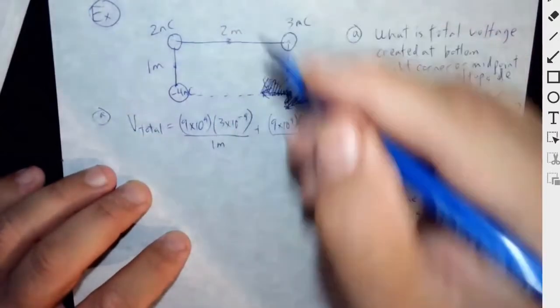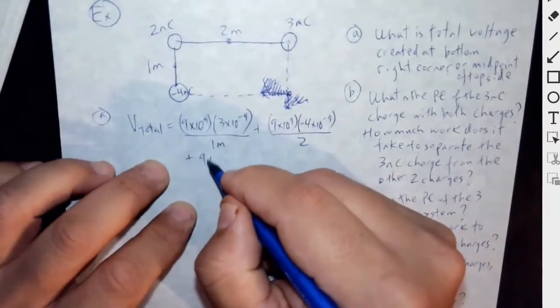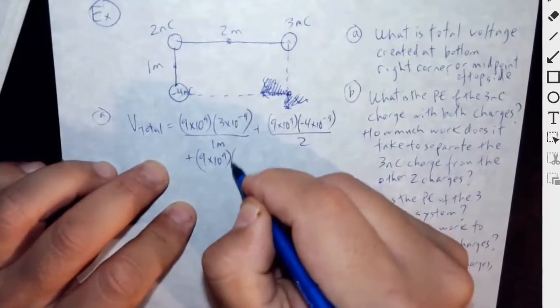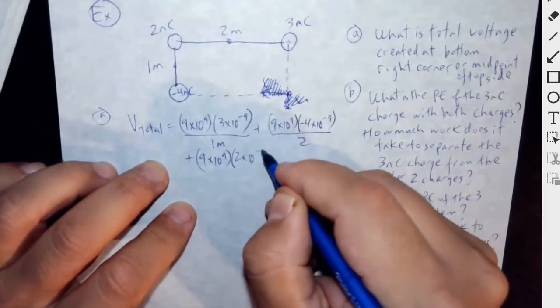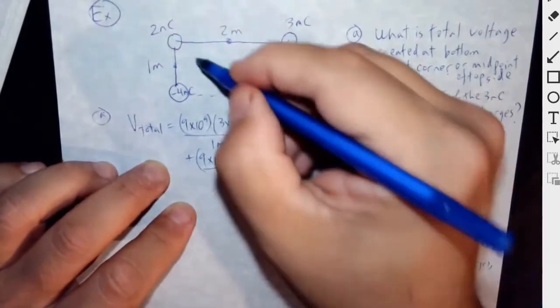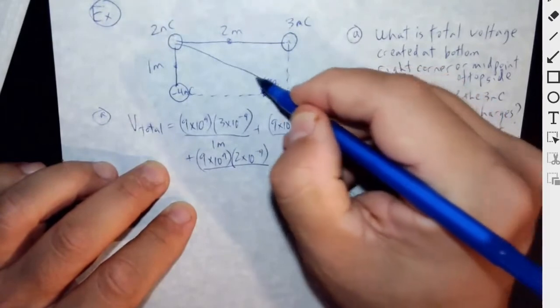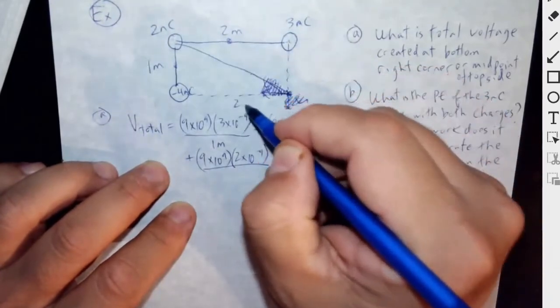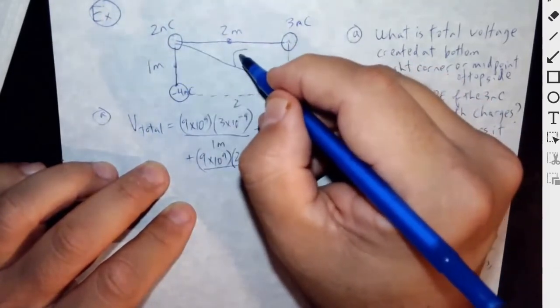So then what's this one? 9 times 10 to the 9th, 2 times 10 to the minus 9 over square root of, this distance is what? 2 square root of 5.